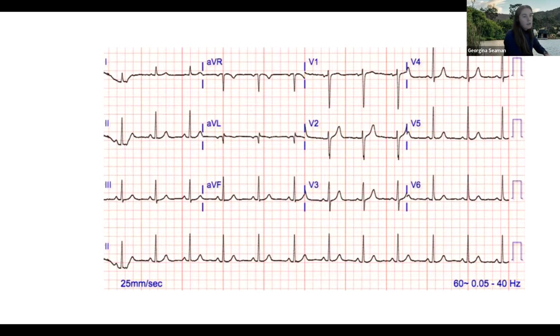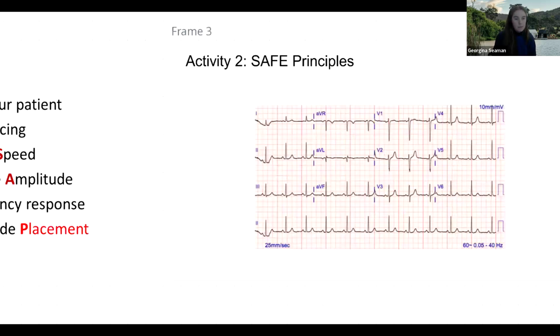All right, so what we're going to do is break up into groups and do our safe interpretation of the next couple of ECGs in our workbook. If I break you up into groups of maybe 3, then we're going to get through our first couple of ECGs in our workbook. Are there any questions before we go? I might just post the principles over here.